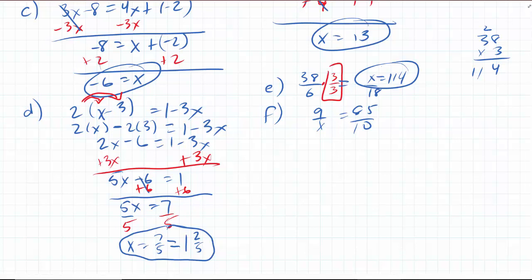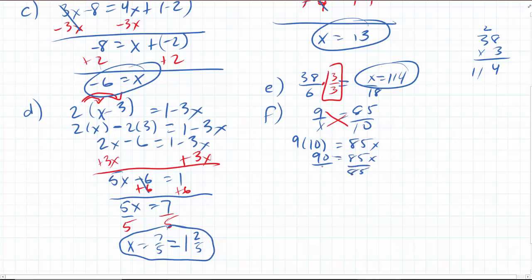So I'm just going to multiply 9 times 10 and x times 85. 9 times 10 is 90 equals 85x. We're going to divide by 85, divide by 85, and a lot of you guys are going to use long division, but again, I'm okay with fractions. And we just need to simplify it.